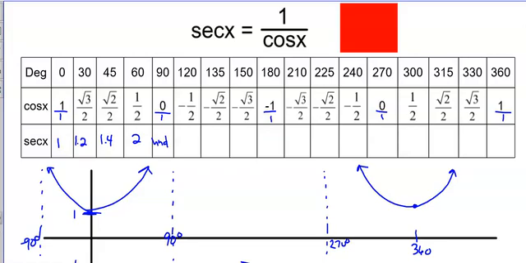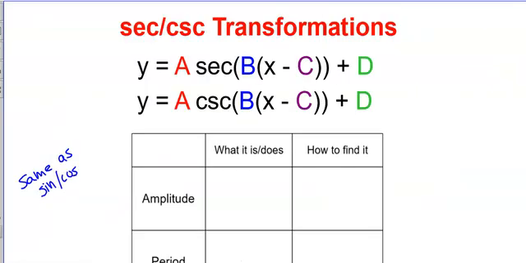So amplitude is not very easily measured on these guys. So technically there really isn't an amplitude. But when you are sketching your sine or cosine function to get these things started, you are going to need to use amplitude, and you're going to find it by looking for that a value, that number that's out front. All right.